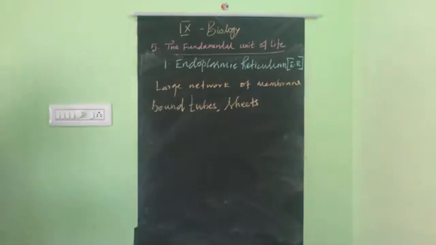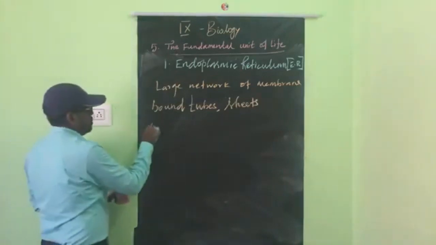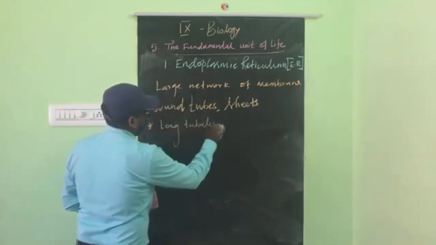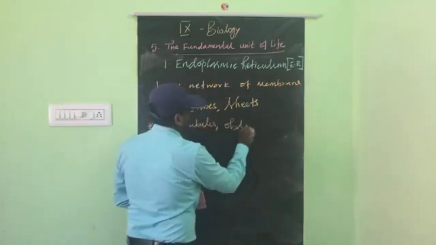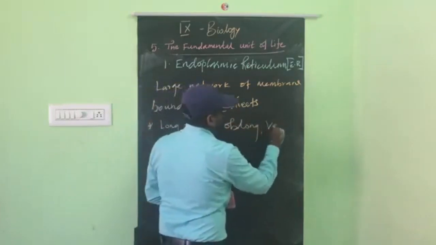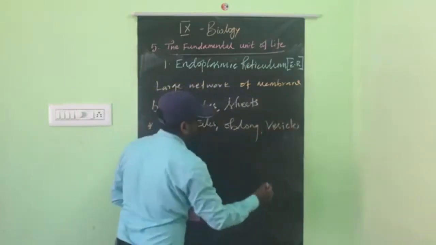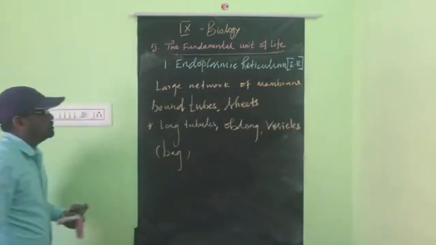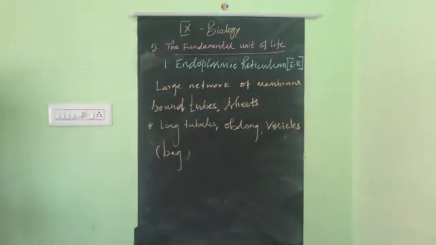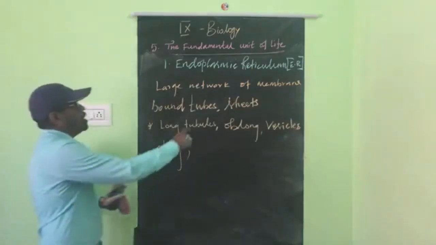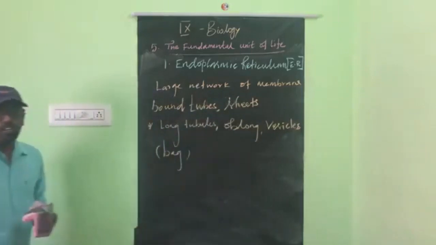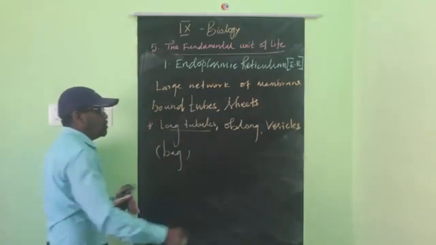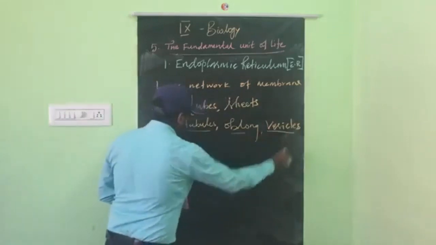It looks like long tubules, of oblong or vesicle shape. What are vesicles? A vesicle is a bag-like structure. So it is a large network of membrane-bound tubes or sheets, looking like long tubules of oblong shape or vesicles.